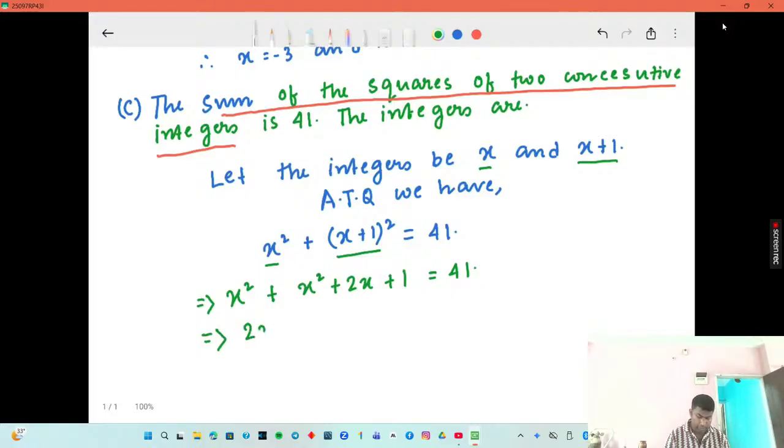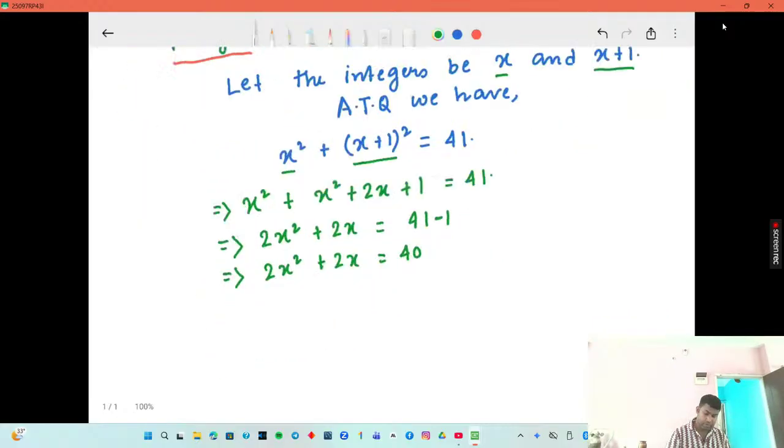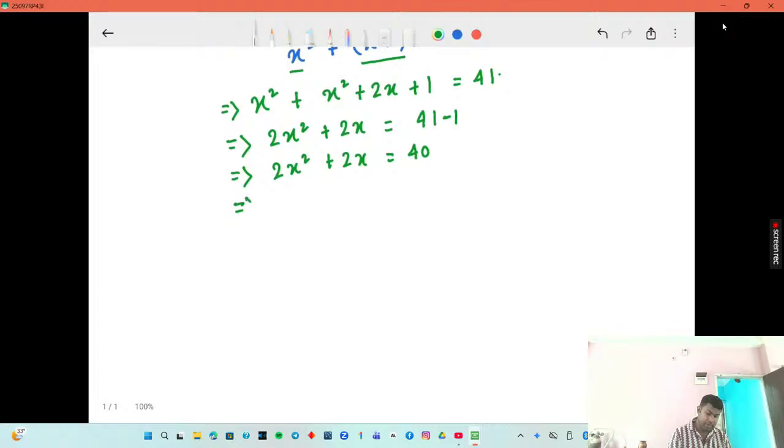So 2x square plus 2x is equal to 41 minus 1. So 2x square plus 2x is equal to 40. Now 2x square plus 2x minus 40 is equal to 0.